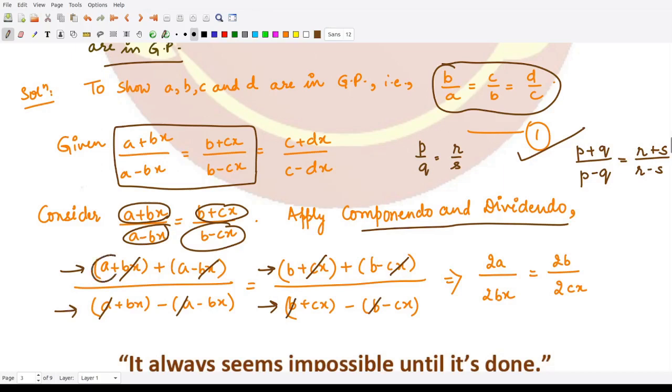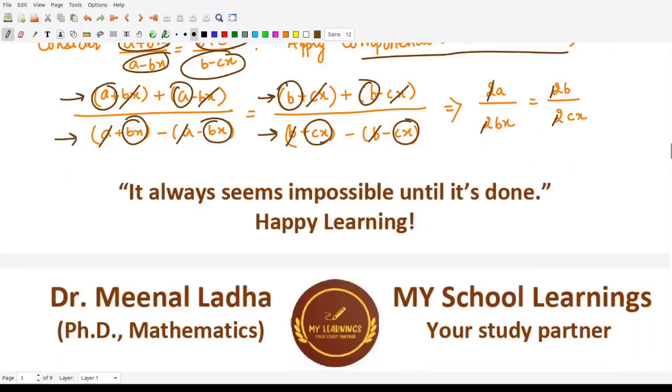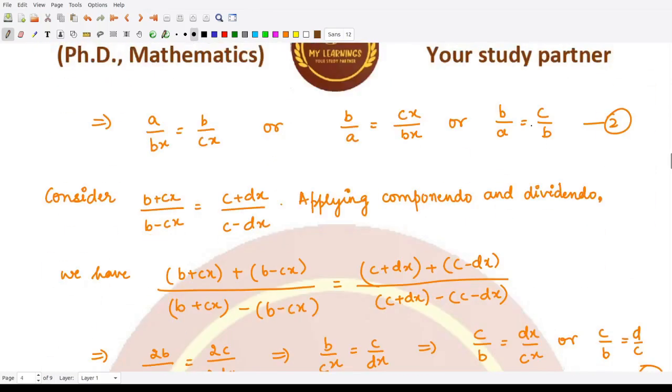So you are left with 2a and 2bx here, and here 2b divided by 2cx. The 2s get cancelled. So you can shift terms: take c to that side and bring this a to this side, so that you have b/a = cx/bx. The x and x also get cancelled, and both ratios are equal to each other. Let's mark this as equation 2.